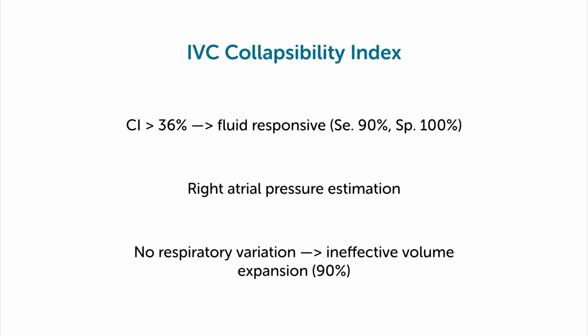And when we don't have any change of diameter, in 90% of the patients they will not be responsive to fluid therapy. So this seems to be a parameter which is better than the distensibility index. It's probably better, and most anesthesiologists use it.